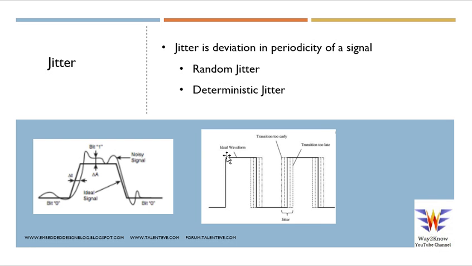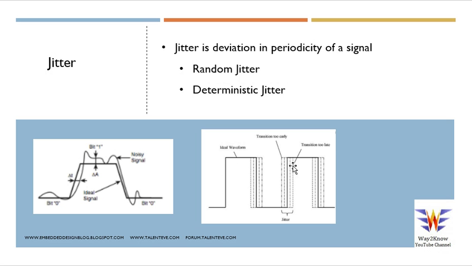So when we transmit the signal over receiver, ideally the waveform should be the thicker wave that you see here, which should be received at the receiver. But sometimes due to a problem called jitter, the transition you see here could come either early or late. So why this occurs we will see in later videos. So there is a simple explanation of jitter which could arise in a communication channel.